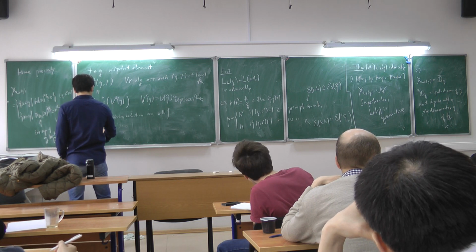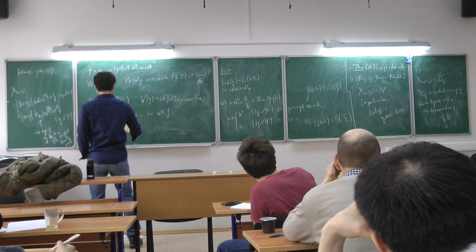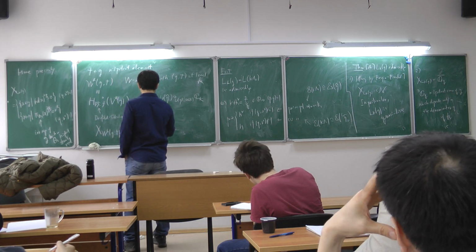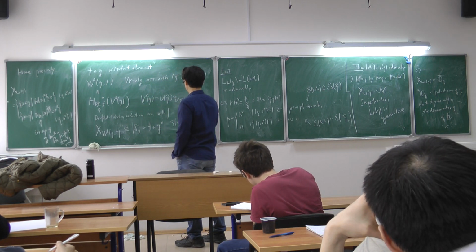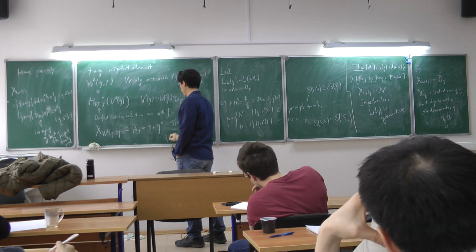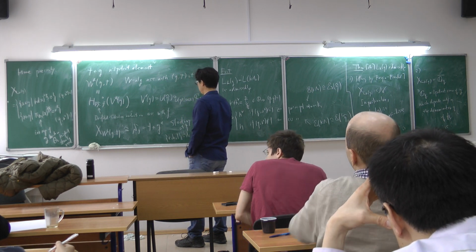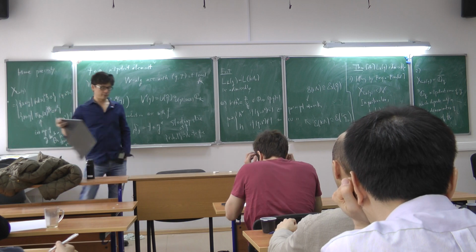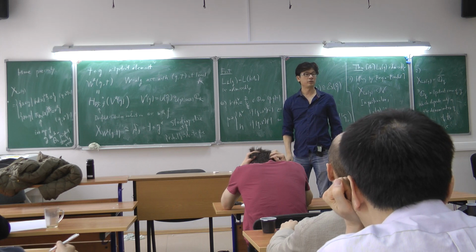And what is known is that the associated variety of this W-algebra is the Slodowy slice at f, where e, h, f is an sl2 triple, and g^f is the centralizer of f inside g. There's no assumption.